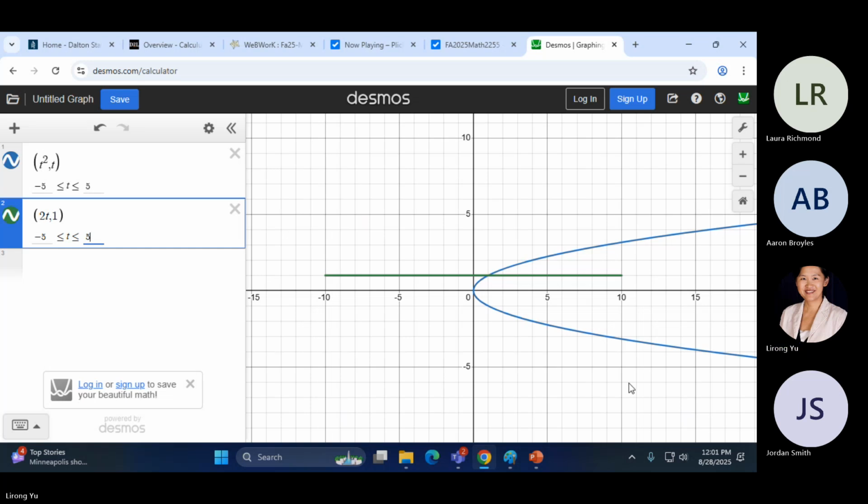It depends on the t, right? If t is positive, it went all the way up. So this is t equal to -5 below there, and that's t equal to 0, and that's t equal to positive. For the positive one, you can see the x is getting up and up. When t is positive, the 2t is positive, so the x value gets bigger.